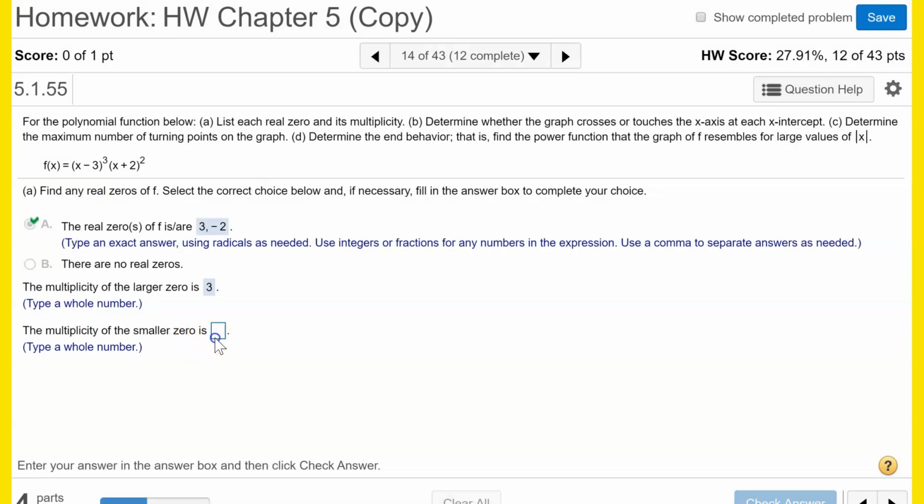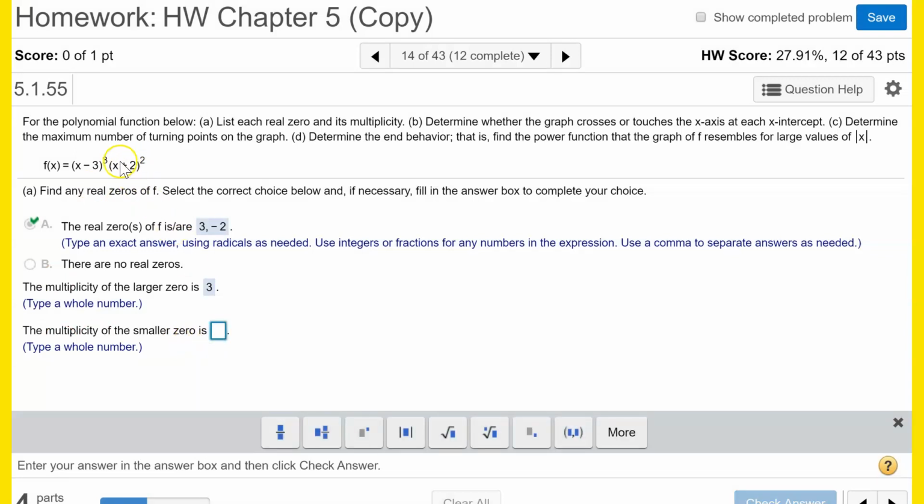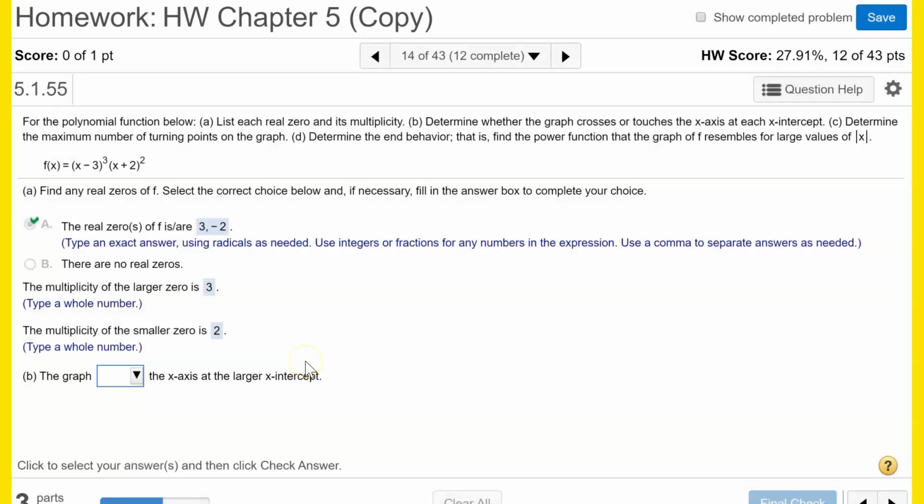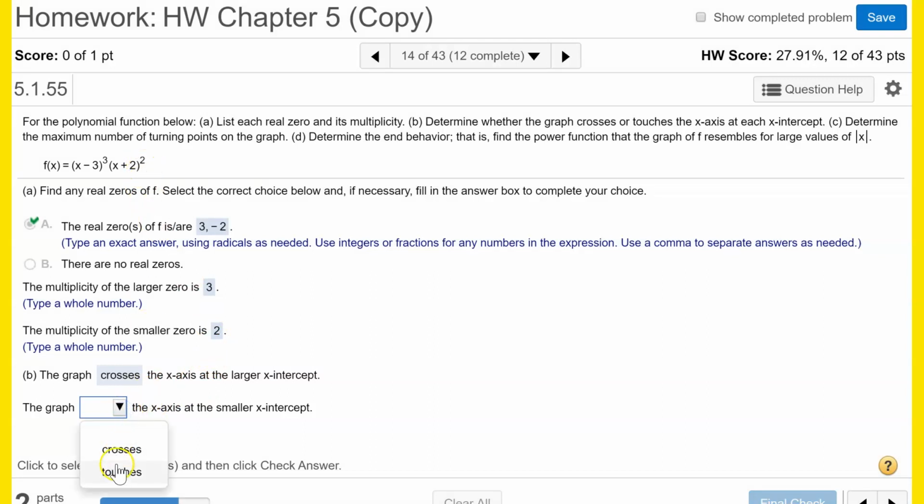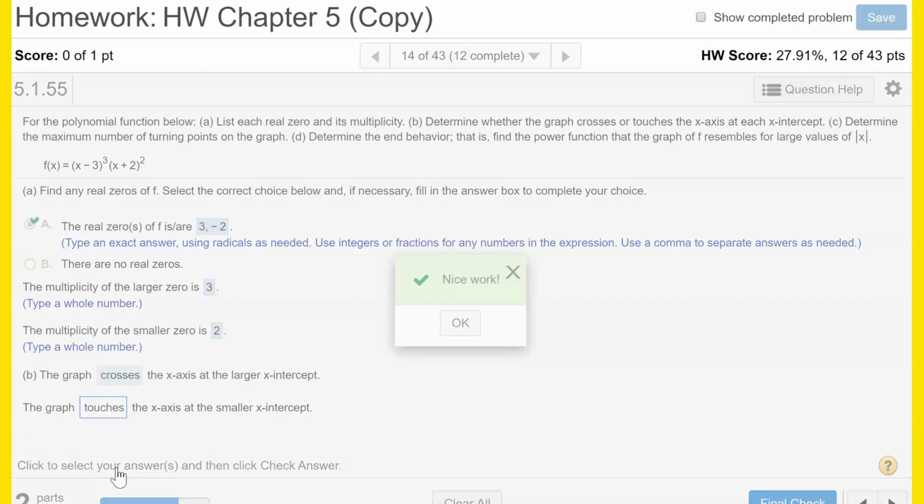The multiplicity of the smaller zero, negative 2, would be 2 because it's x plus 2 squared. So at the 3, the larger x-intercept, since the multiplicity is odd, it's going to cross the x-axis there. And the smaller x-intercept is negative 2, and since the multiplicity is even, it's going to touch the x-axis there.